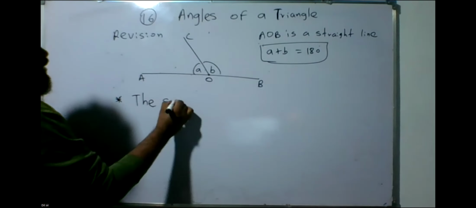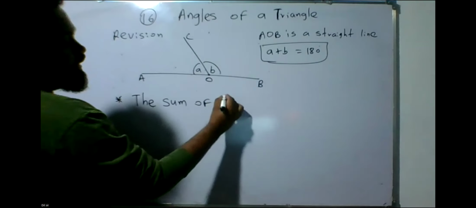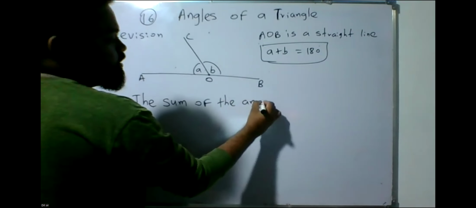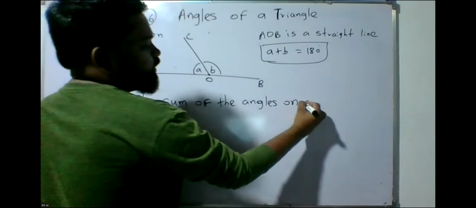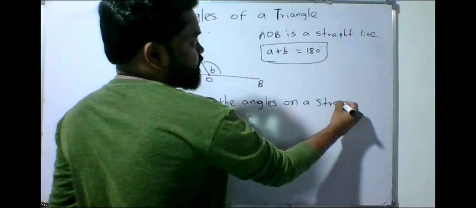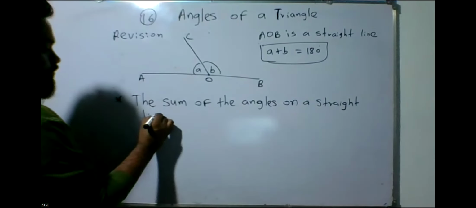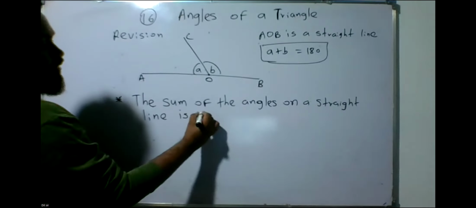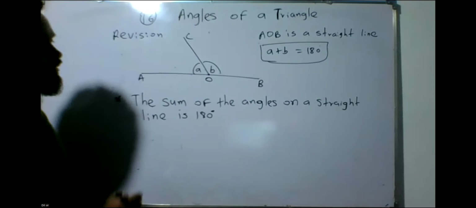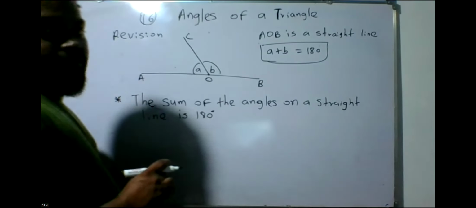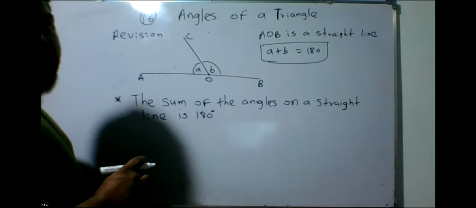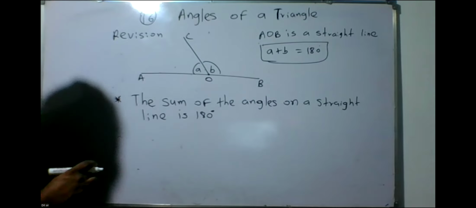The sum of the angles on a straight line is 180 degrees, right? Put a star mark and write this.